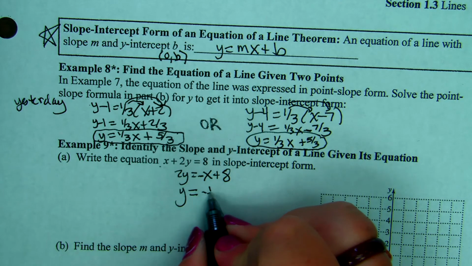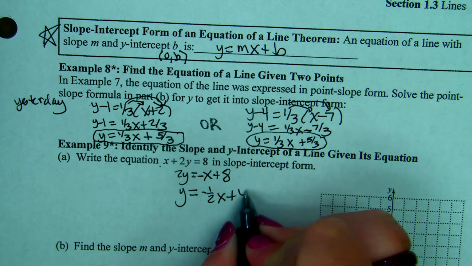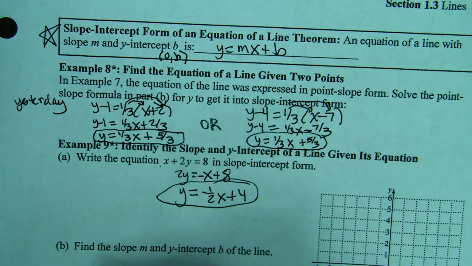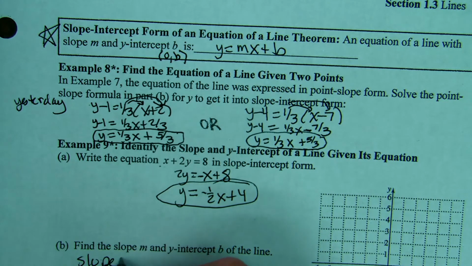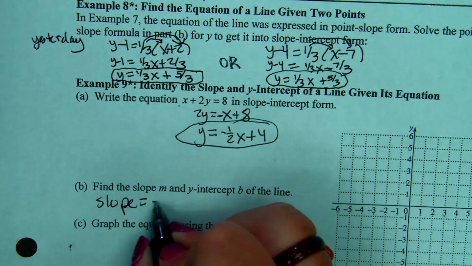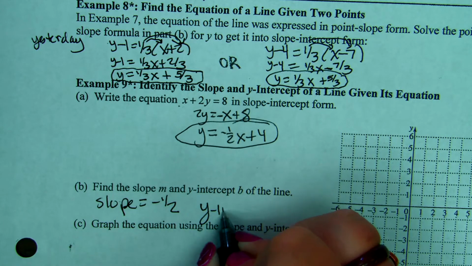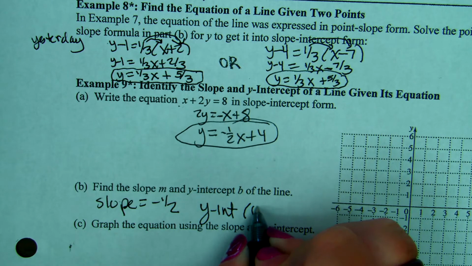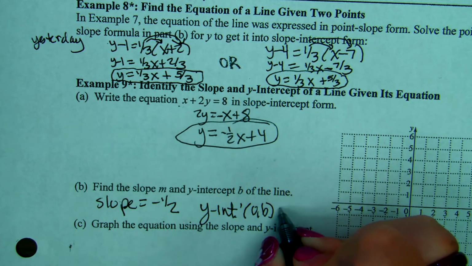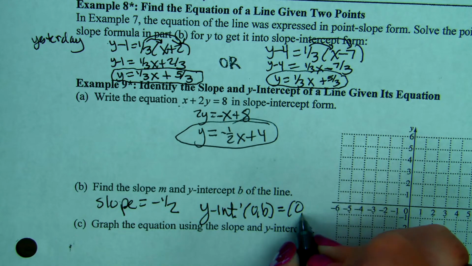So you have negative 1/2 x plus 4. So the slope is what? And the y-intercept 0, b is equal to 0, 4.